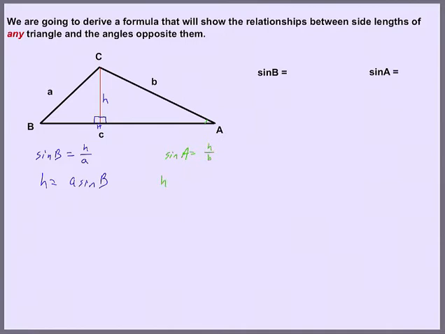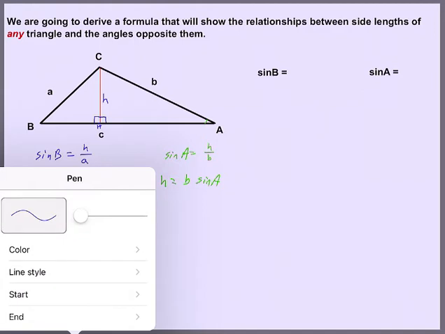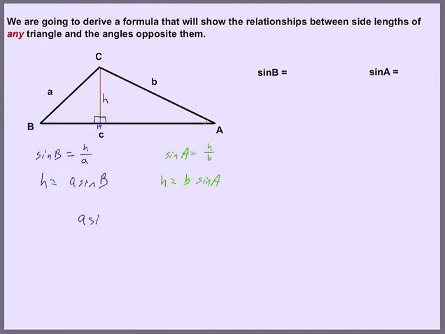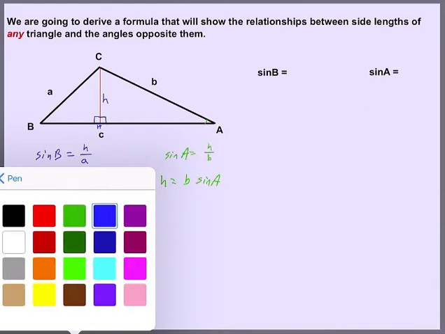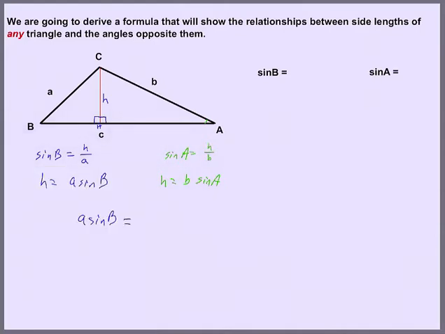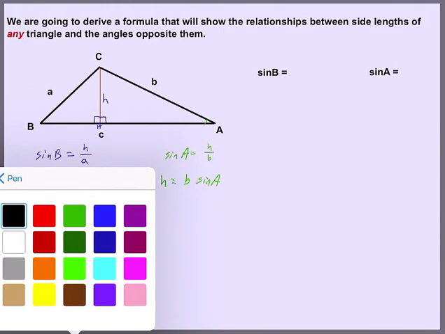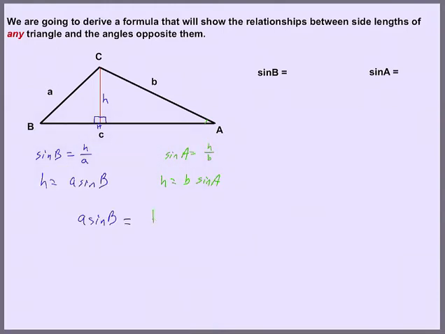And so here I could say that H equals B times the sine of A. Well, if H is equal to A times the sine of B, and H is also equal to B times the sine of A, that has to mean that A times the sine of B equals B times the sine of A. They have to be equal to each other if they're both equal to the same thing.